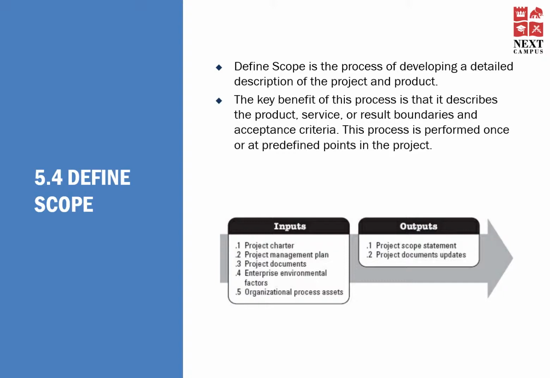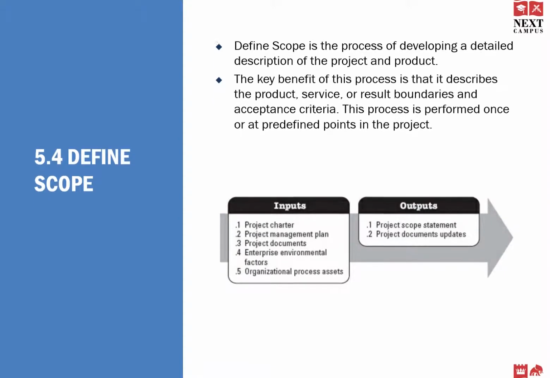This process is performed once or at predefined points in the project. The inputs for this particular process or activity are project charter, project management plan, project documents, enterprise environmental factors, and organizational process assets.